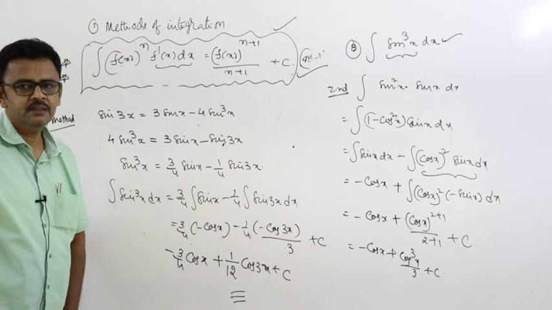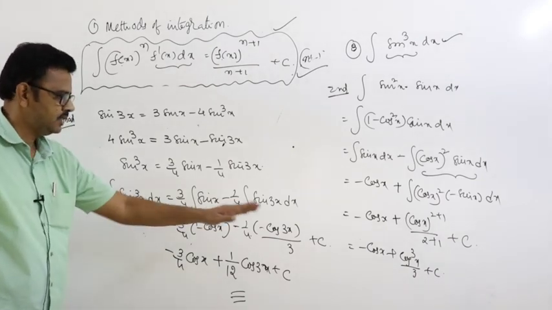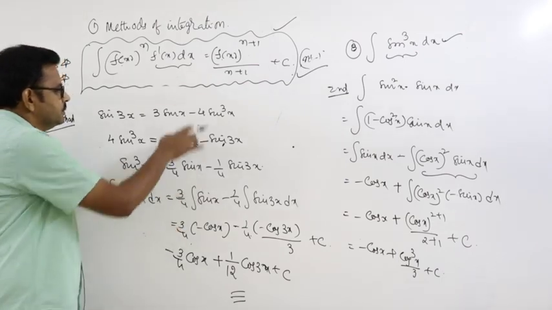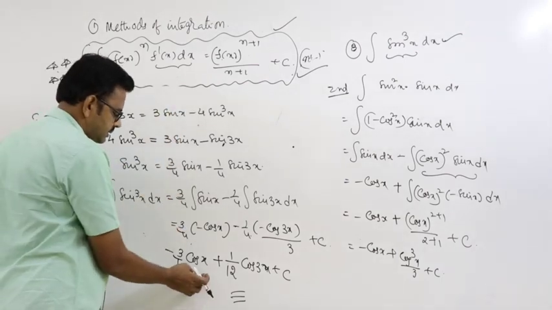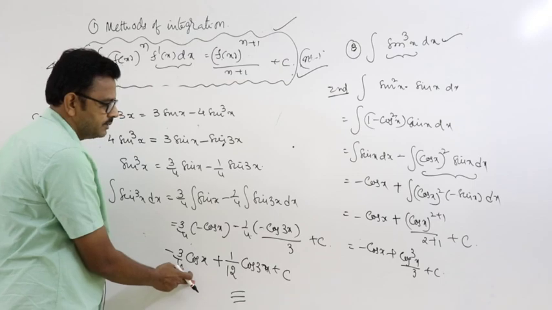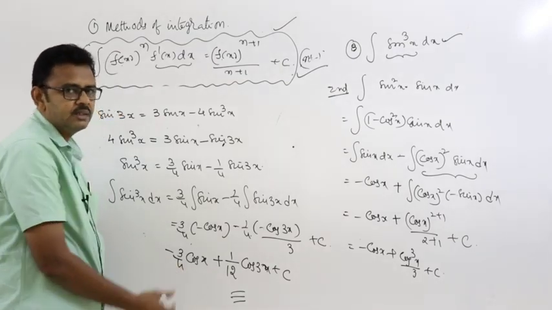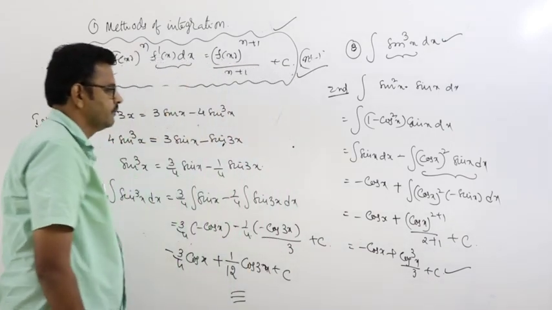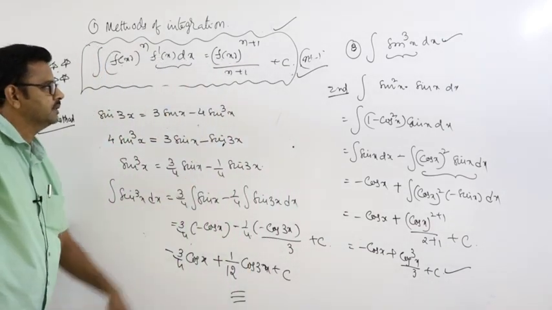For board examinations, if I write this one or that one, both are correct. From an objective point of view, suppose you do this process and the answer you get is not there in the given options, you don't say that the question is wrong. Your option is given like this one, this is correct. So both are correct.